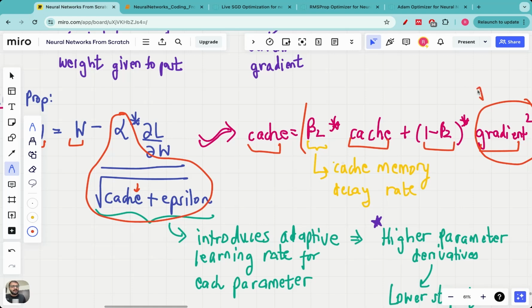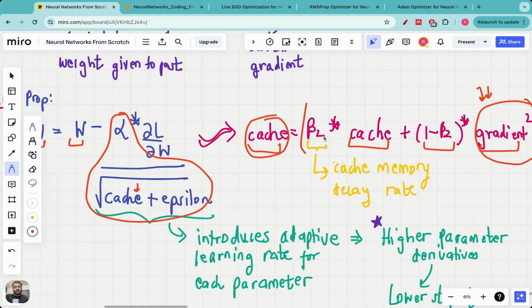give to gradient square. So if we are at a particular parameter, and we want to update the parameter value at a current iteration, we first take into account all the gradient square values for that parameter. So we find the partial derivative of loss with respect to the parameter, whole square, for all the previous values, and through that we compute the cache value.